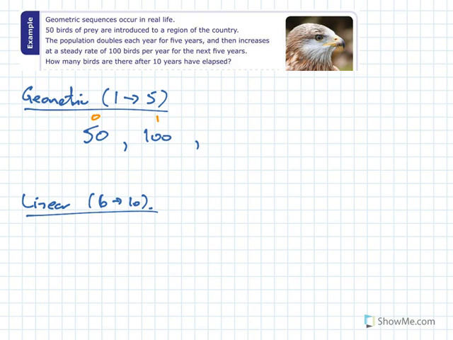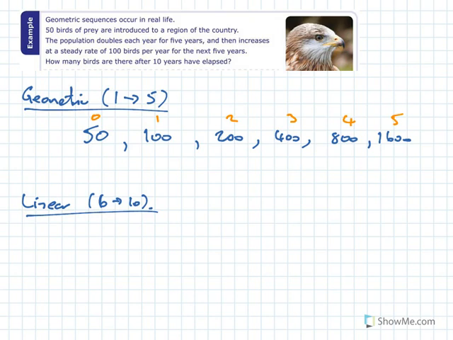So that's after year 1. Even though it's my second term, it's after year 1. Then I times again to get 200, 400, 800, and then 1600. And let's just write the numbers above just to make sure I've got this right. It's year 0, year 1, year 2, year 3, year 4, year 5.